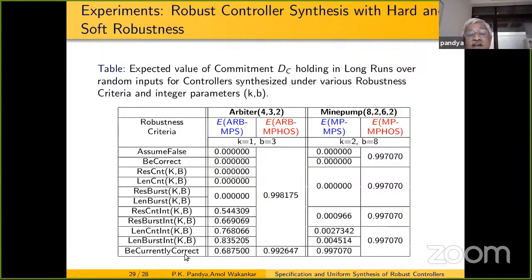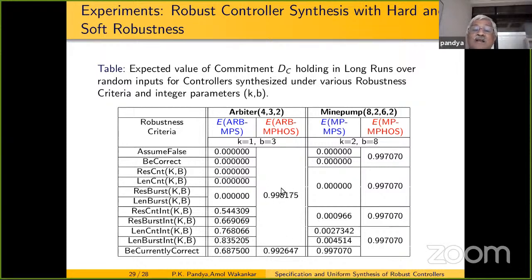When you use the currently correct criterion, you get another controller. They are not isomorphic, so you get different controllers. In different circumstances, they satisfy the commitment. But again, the relative frequency of commitment holding is very high. So I think I call this the unreasonable effectiveness of soft optimization to meet commitment.